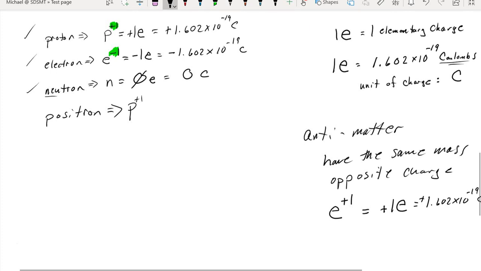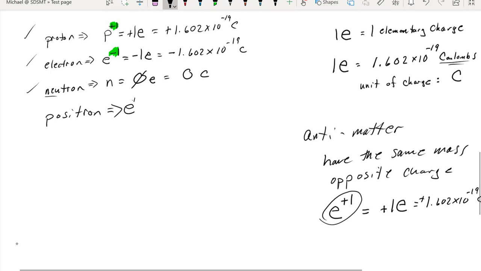Electrons are going to have much, much smaller mass than a proton, and so we're not actually going to call the positron P plus 1. We're going to adopt the notation that we had right down here.